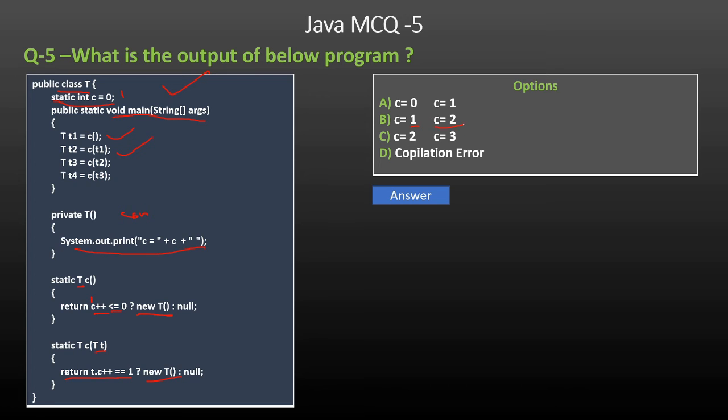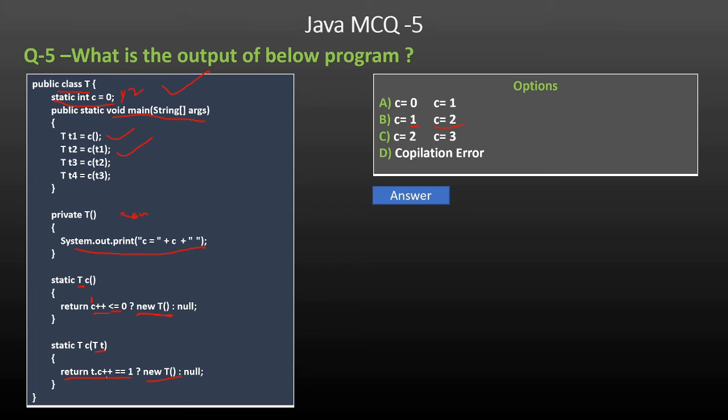So I think this one also should work. As you know, the value of C will now be incremented by 1, so it will now become 2. It won't be 1. In the third call we are passing T2 again, so this method will get called again, and now the value of C is 2.